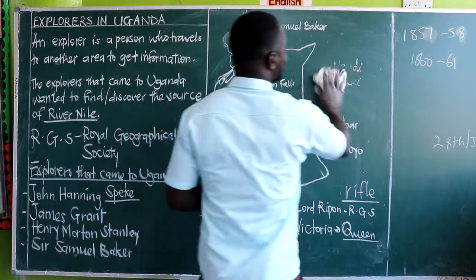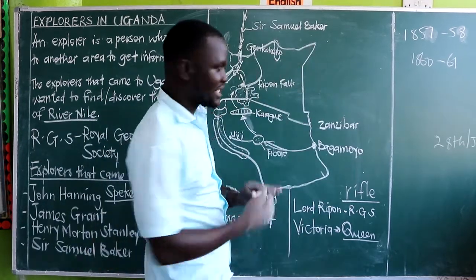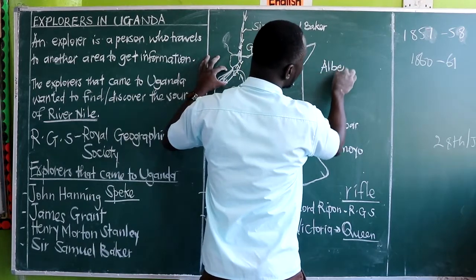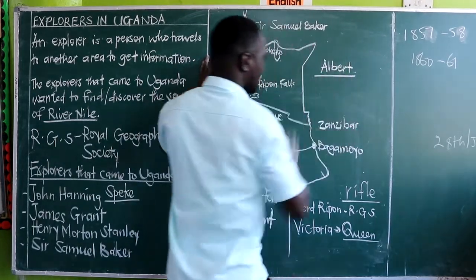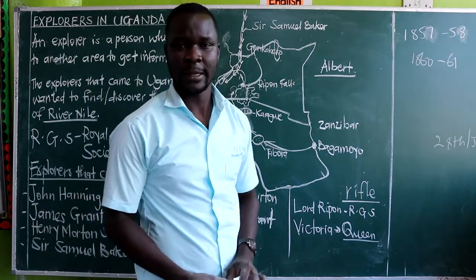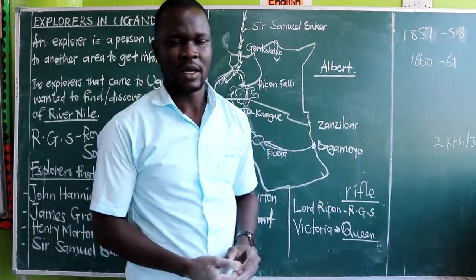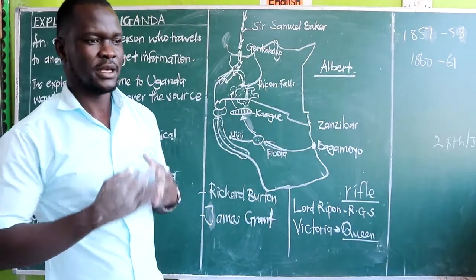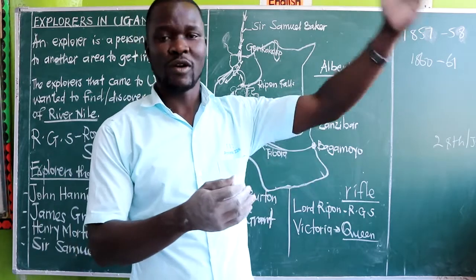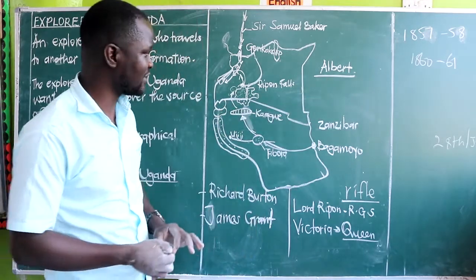So we shall also be able to note that he named Lake Mutanzige Albert. Now, who was Albert at that time? Albert was the husband of Queen Victoria of England at that time. So, like I said, these explorers gave our physical features the names of their prominent people from their countries.